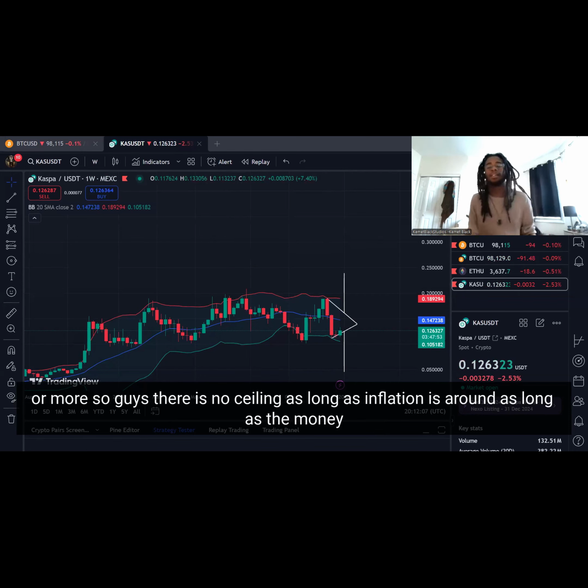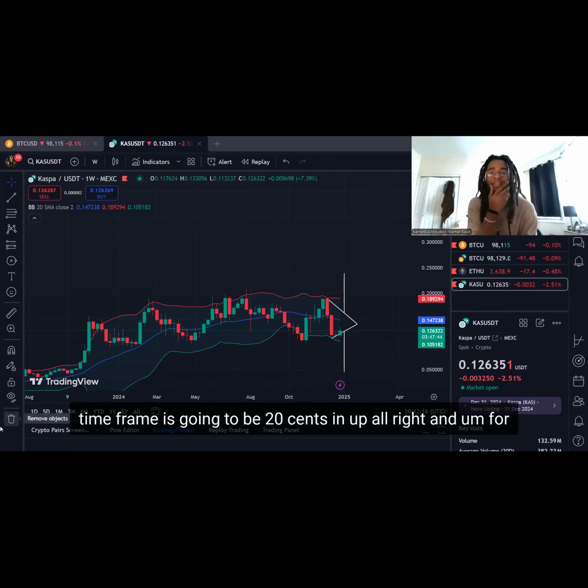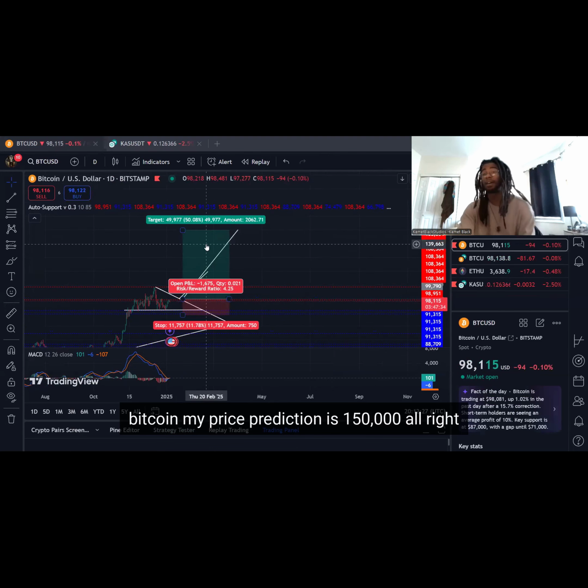So, guys, there is no ceiling. As long as inflation is around, as long as the money is coming in, then we're going to be set. So my price prediction for Kaspa on the weekly time frame is going to be 20 cents and up. And for Bitcoin, my price prediction is 150,000.